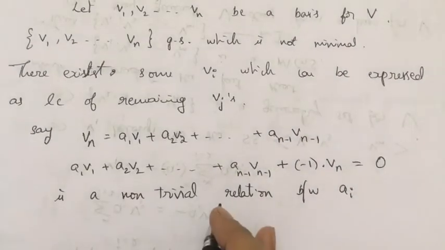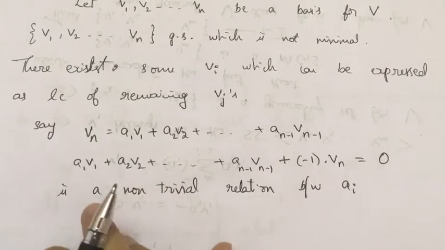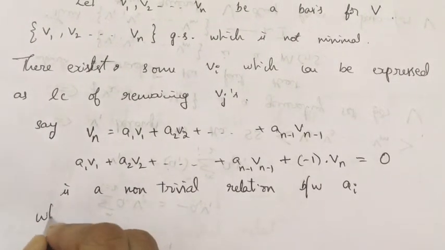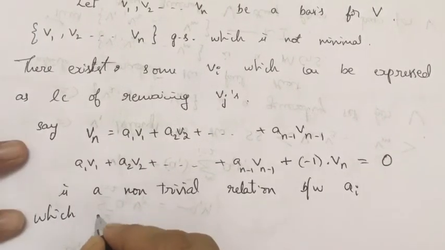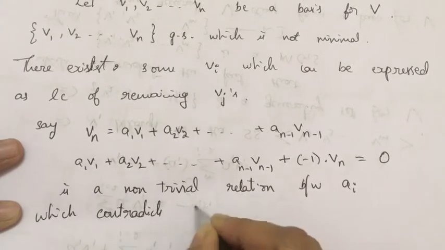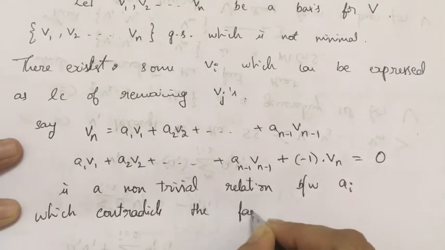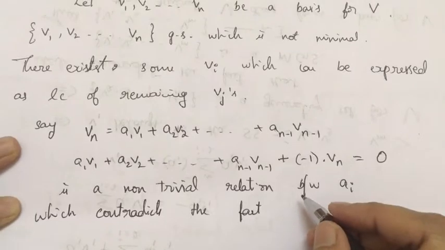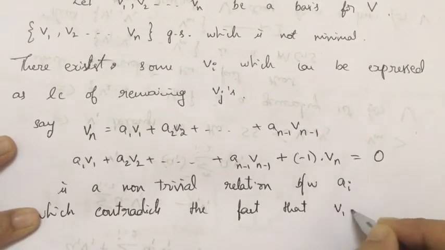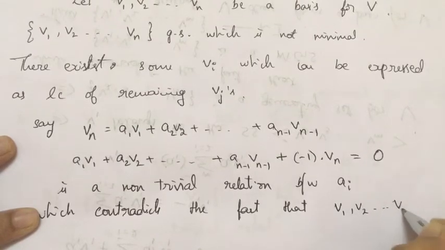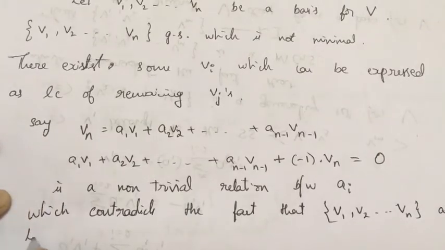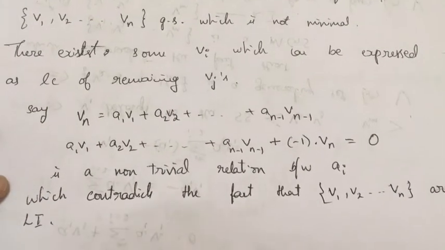I'll just write it down. I'm getting a non-trivial relation between the ai's, which contradicts the fact that v1, v2, up to vn are linearly independent, right?